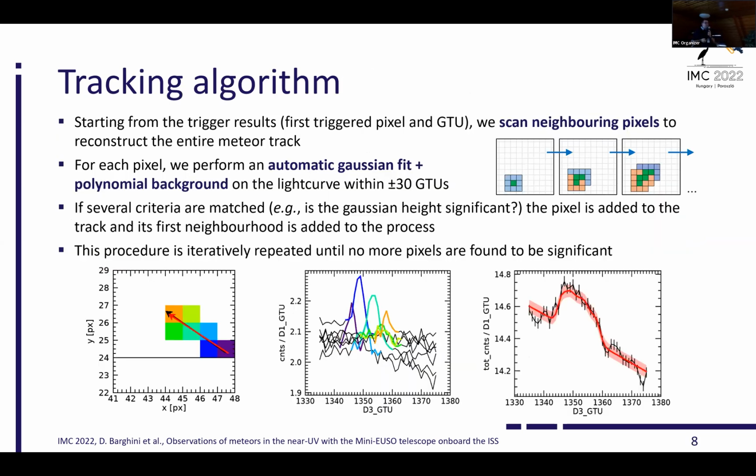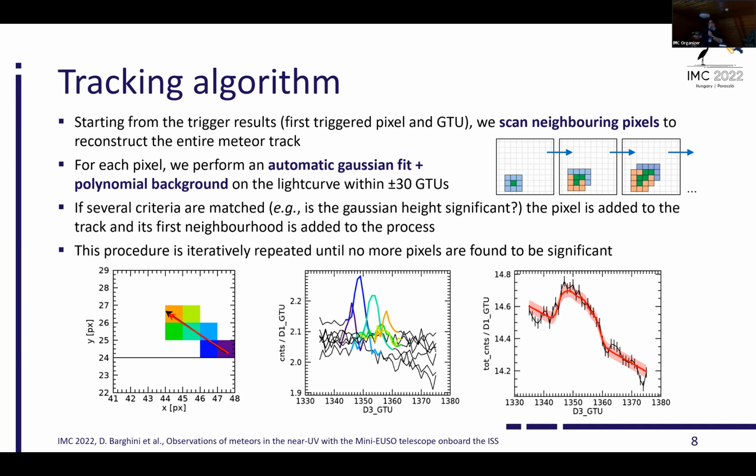So to analyze this peculiar data, we also developed a dedicated reconstruction algorithm. Of course, we do not have stereoscopic vision, so we cannot triangulate. We have to make some assumptions, but we can deduce some parameters about these meteors. When we have the information about the trigger, there is an automatic reconstruction. On the field of view, all the pixels that are interested by the event are detected and selected.